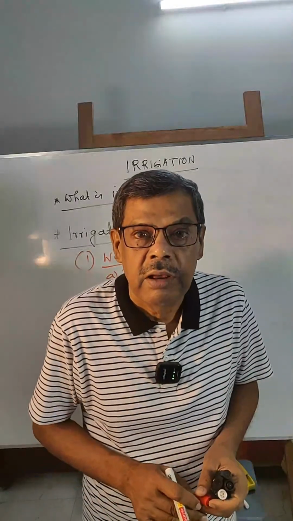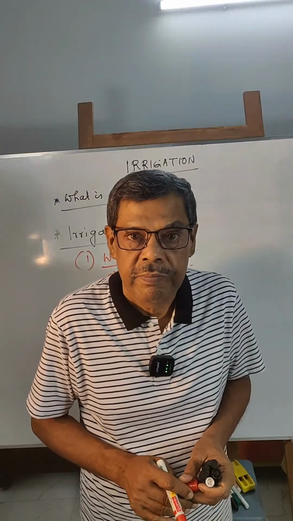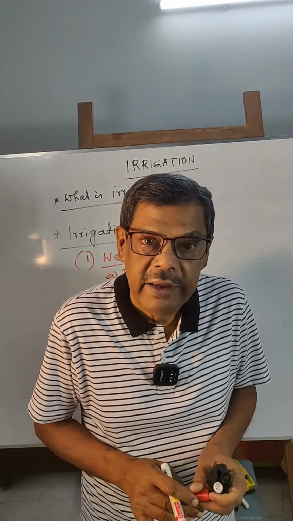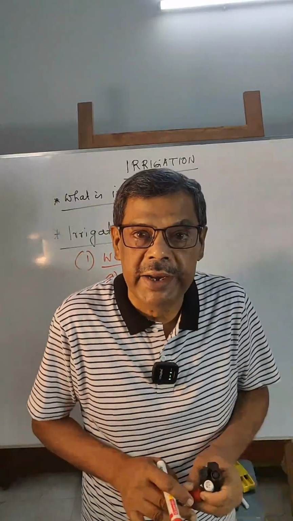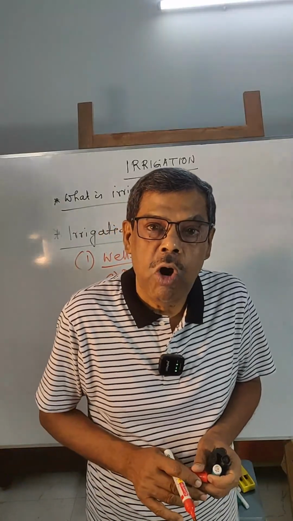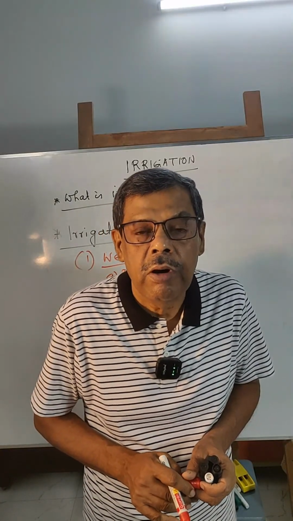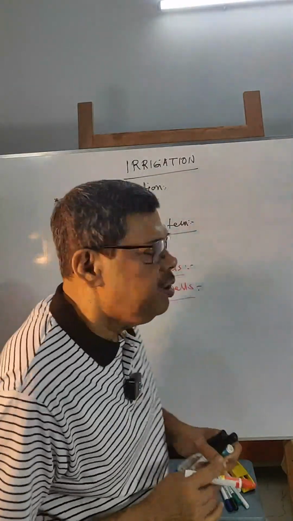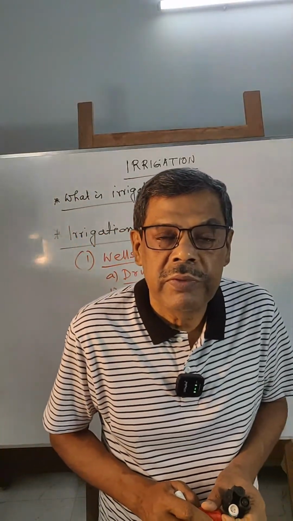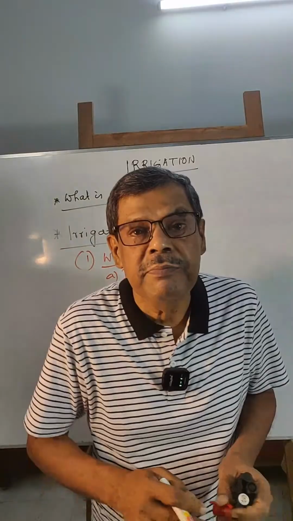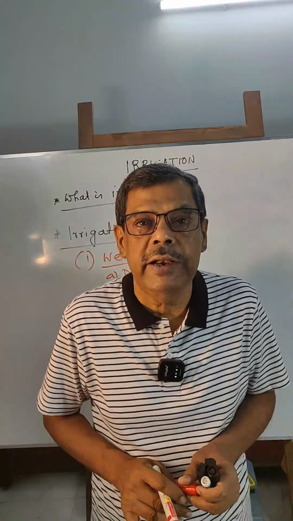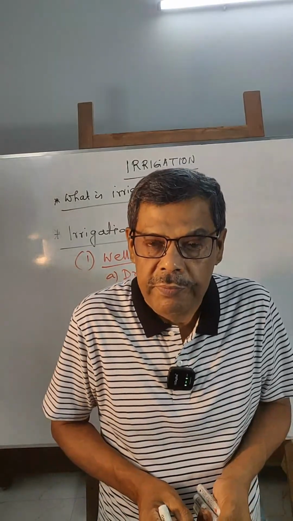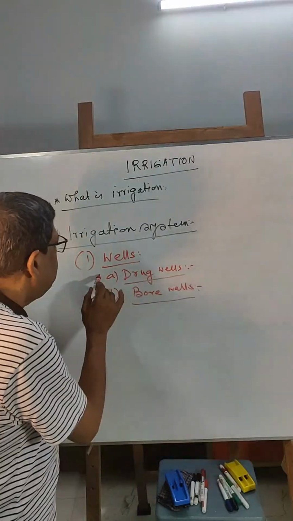From this well, water is lifted by rope and bucket or chains of buckets, by rotating bullocks or by pumping. Next, bore wells. These are wells supported by pipe which reach the ground water, and water is lifted by pump. These are the 2 types of wells.